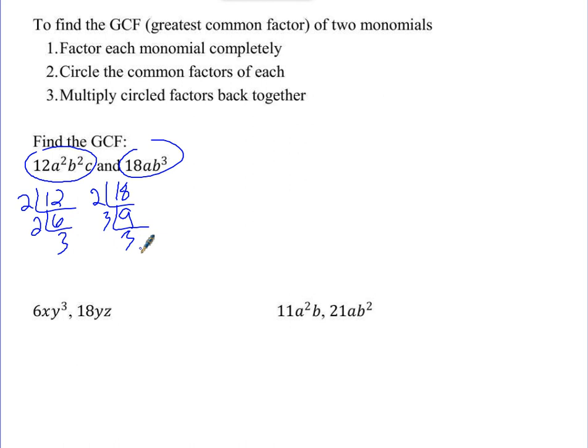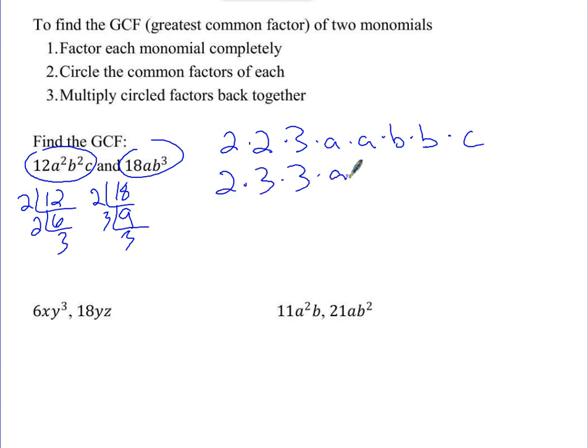Okay, so now write them out in completely factored form. For 12a squared b squared c, I have 2 times 3 times a times b times b times c. For 18ab to the third, I have 2 times 3 times a times b times b times b.